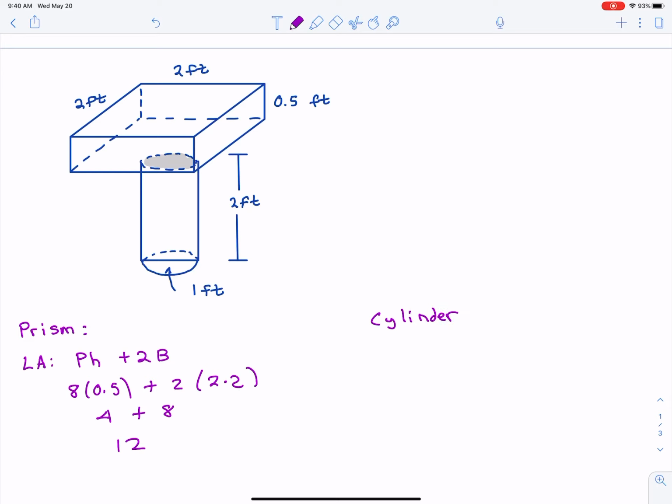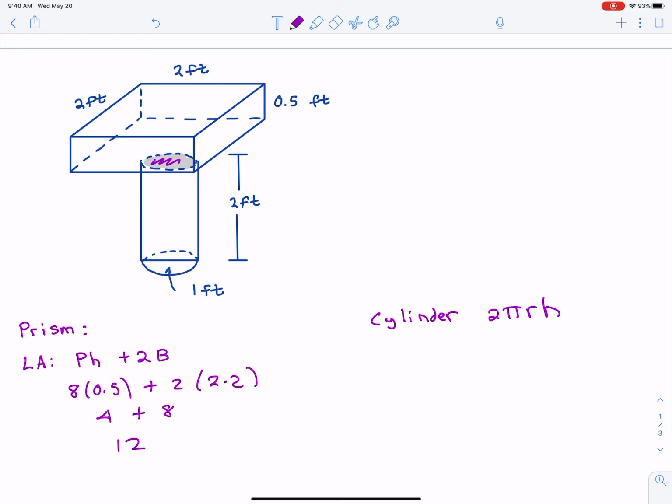Okay, so for the cylinder, what do we got here? The surface area of a cylinder is going to be 2 pi RH. Now I want to remind you, in this case, I'm not looking at the bases. I can ignore the bases in this specific case because this one is removed from the square, but this one is added from the square, so they cancel each other out.